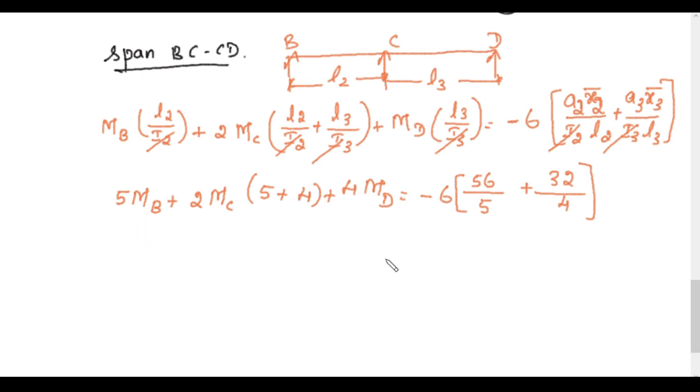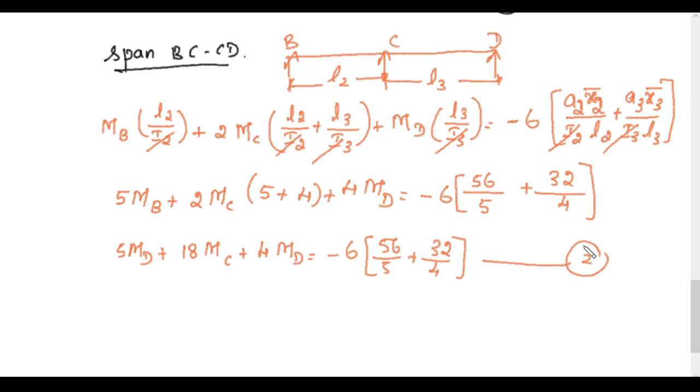So this will be solving this. So this is 5 MB plus 5 plus 4 is 9, 9 twos are 18 MC plus 4 MD is equal to minus 6 into 56 by 5 plus 32 by 4. You can simplify this and this will be your equation 2.